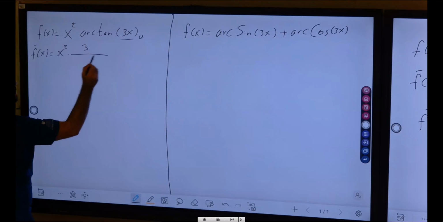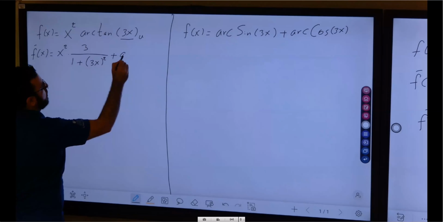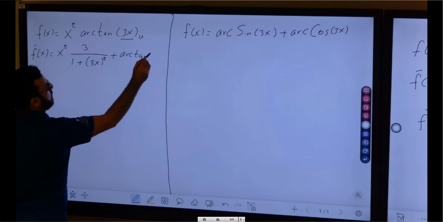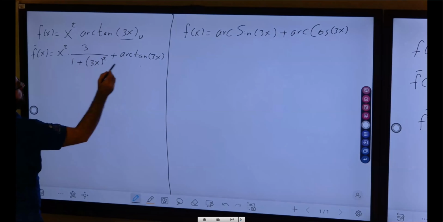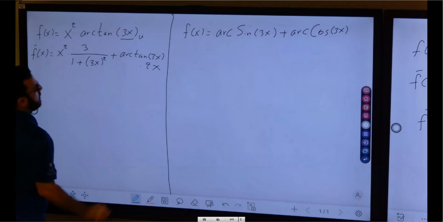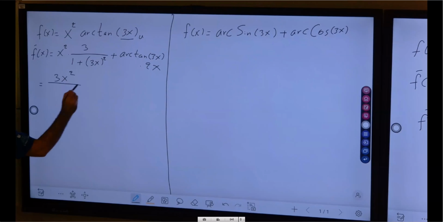Plus the second one, arc tan 3x, times the derivative of the first one, which is 2x. That means it's going to be 3x squared over 1 plus 9x squared.